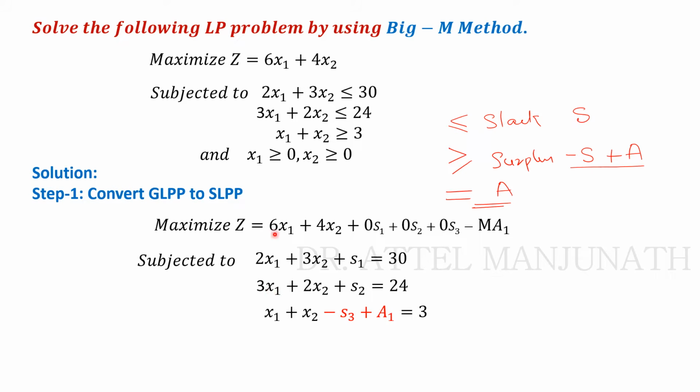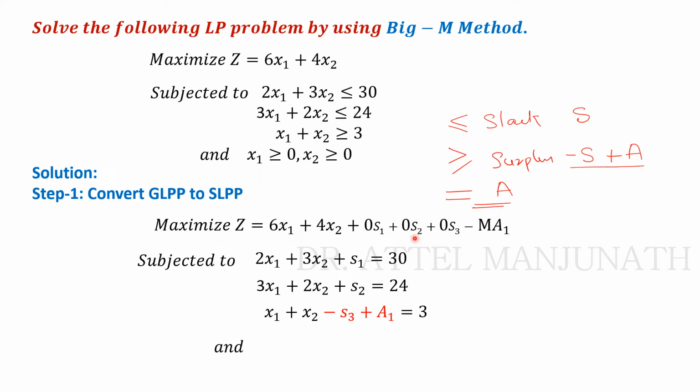So the objective function becomes 6x1 + 4x2 + 0s1 + 0s2 + 0s3 - M a1, where a1 is the artificial variable, and the minus M we introduced is the penalty value, the largest coefficient, for the artificial variable in the maximization equation.